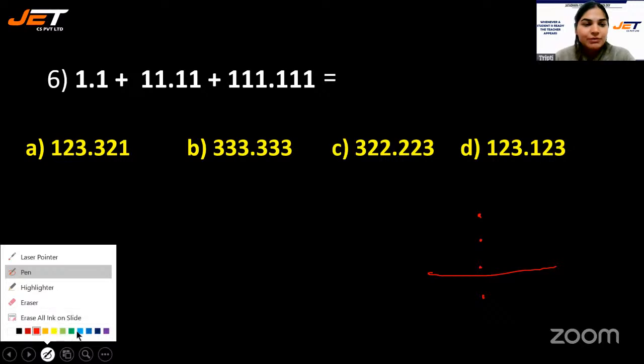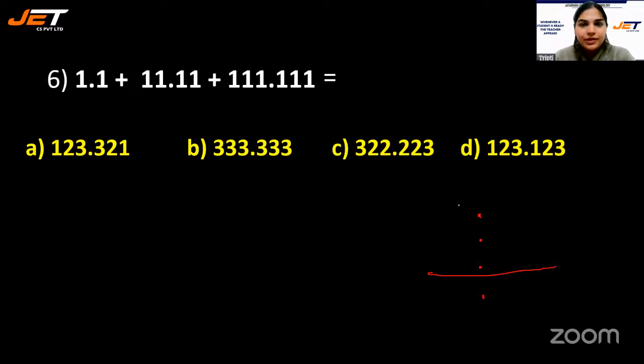You don't even need to worry about the place value. First is 1.1, second is 11.11, third is 111.111. Looks like a great pattern.